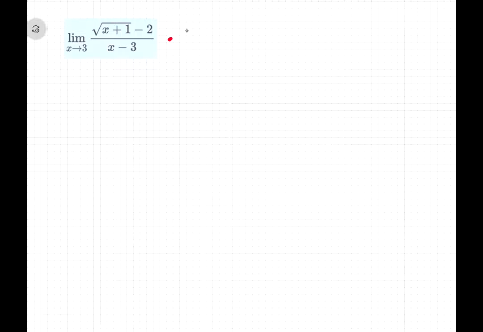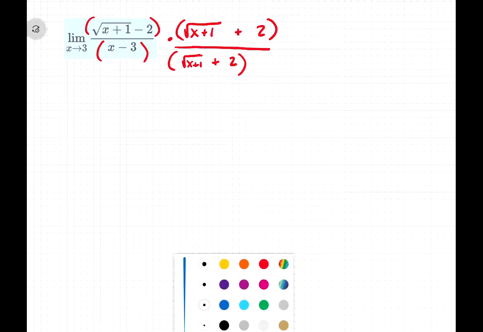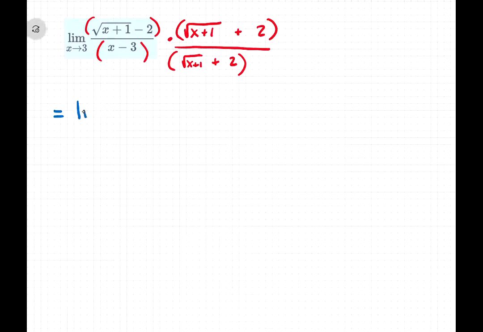So let's multiply by the conjugate of the numerator here, square root of x plus 1 plus 2 over square root of x plus 1 plus 2. Okay, so we'll multiply across the top, we'll multiply across the bottom. So we have the limit as x approaches 3.